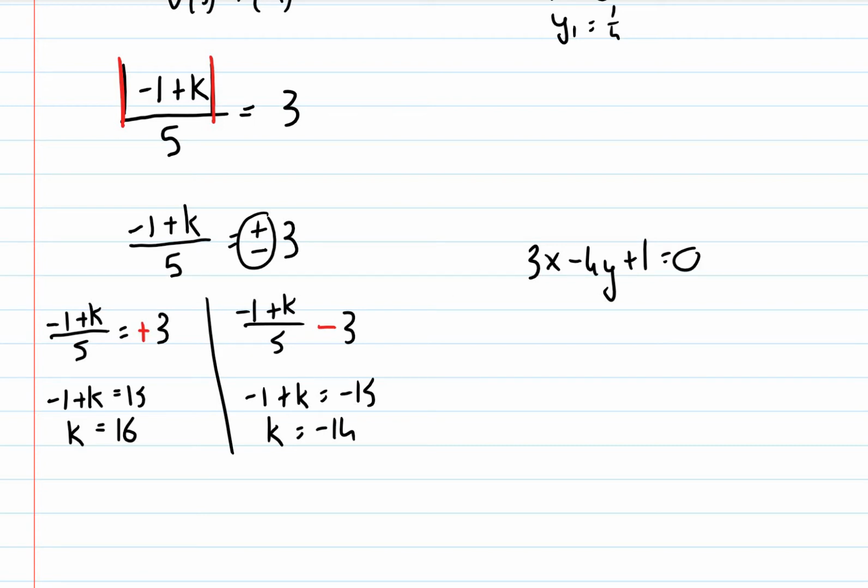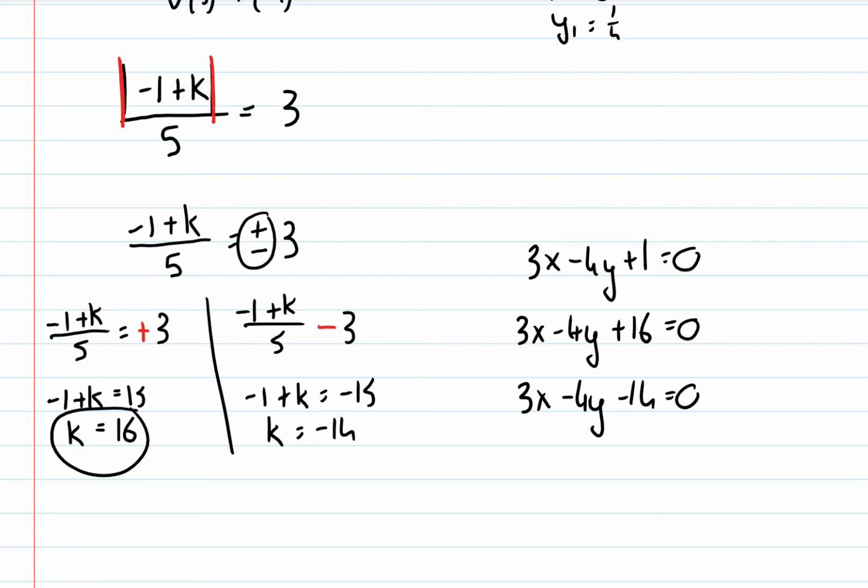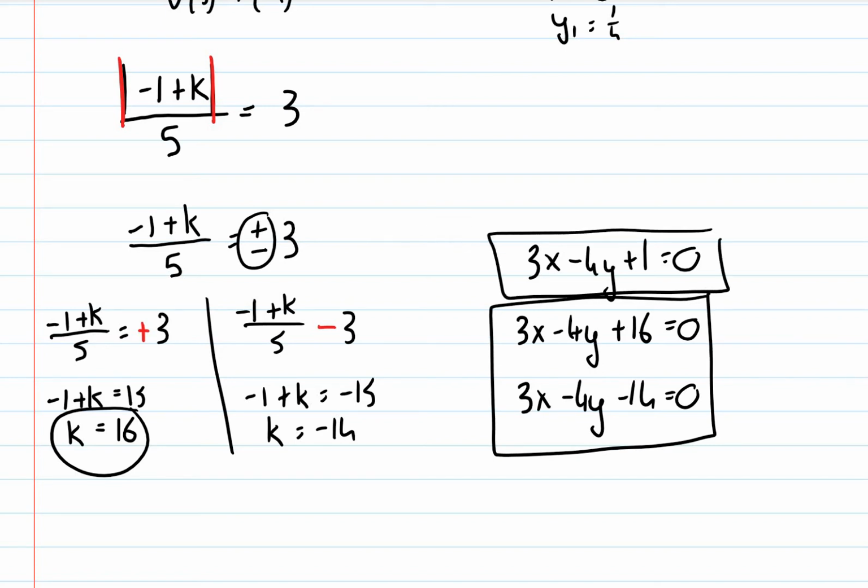And remember we said the other two lines then are going to also be 3x minus 4y plus k, and we were looking for the k, and in one of those lines the k is 16, and in the other one of those lines the k is minus 14. So there is the two parallel lines to that, which are also a distance of 3 units either side of it.